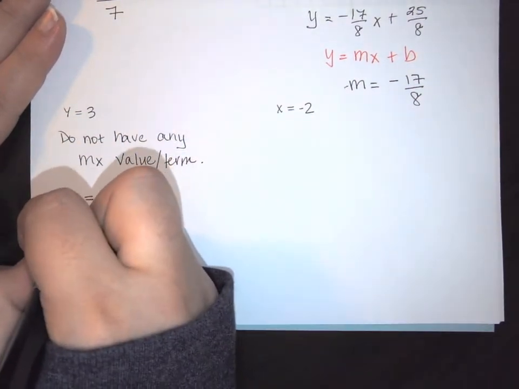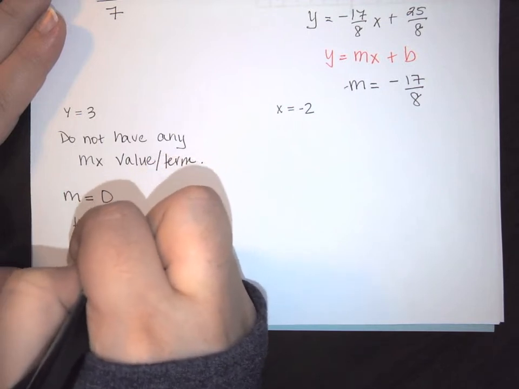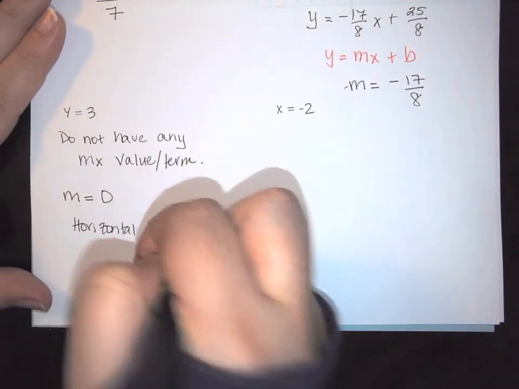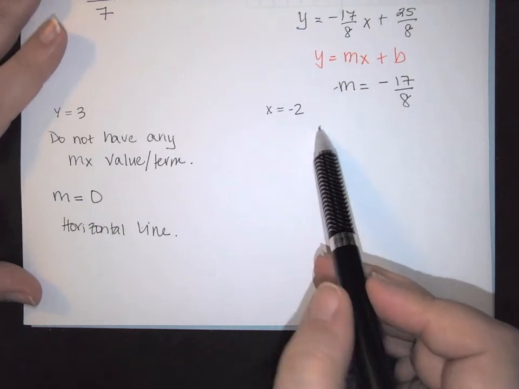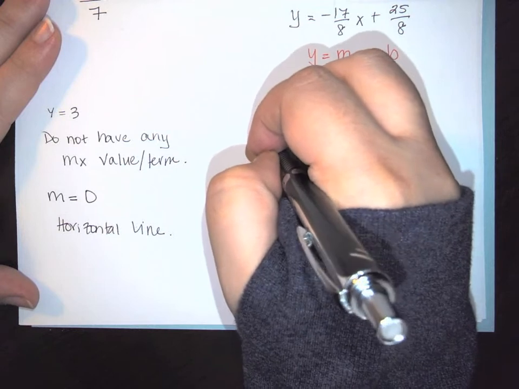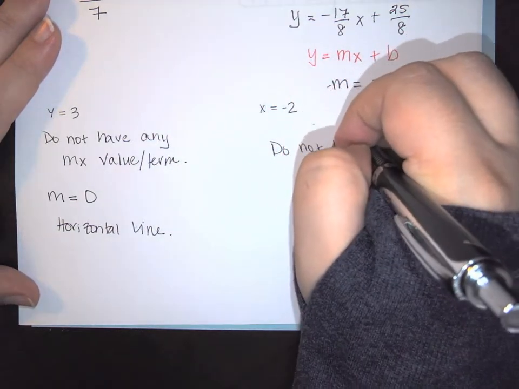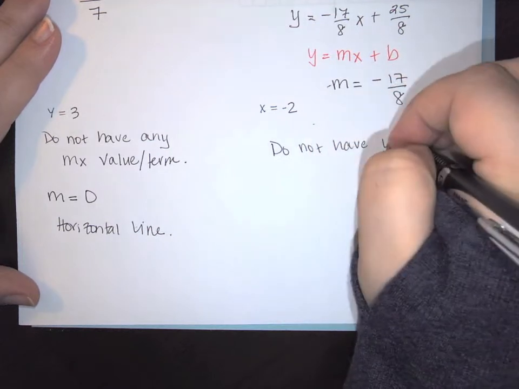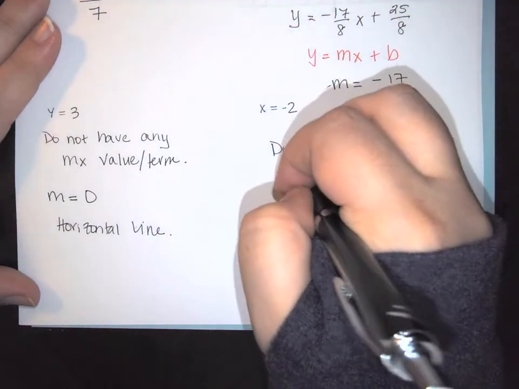That's because this would be a horizontal line. Now for an x equals equation, you do not have a y equals mx plus b form.